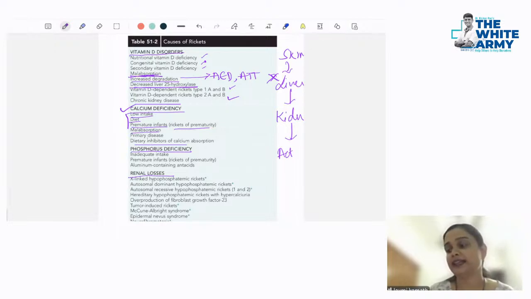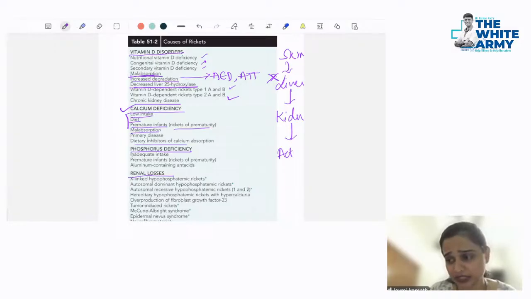Okay. Then coming to phosphorus deficiency. Now phosphorus deficiency is extremely rare only because of diet intake. That is because irrespective of whether you're vegetarian or non-vegetarian, all our food sources are very rich in phosphorus.